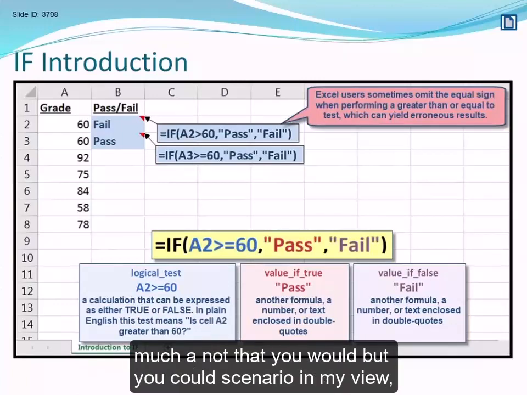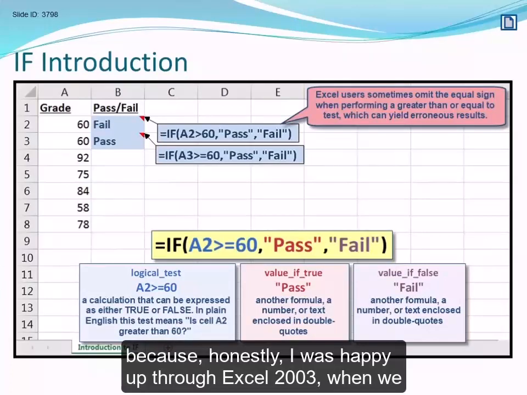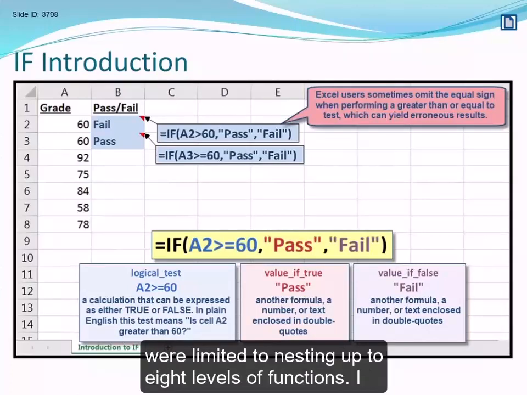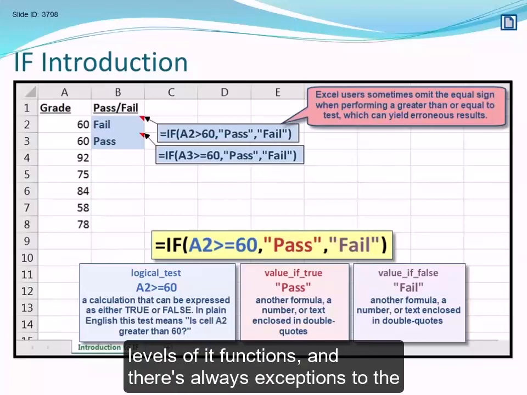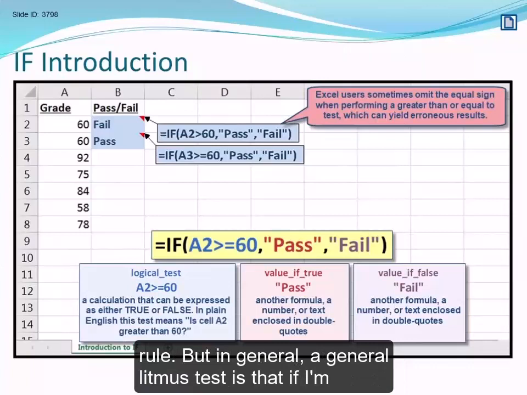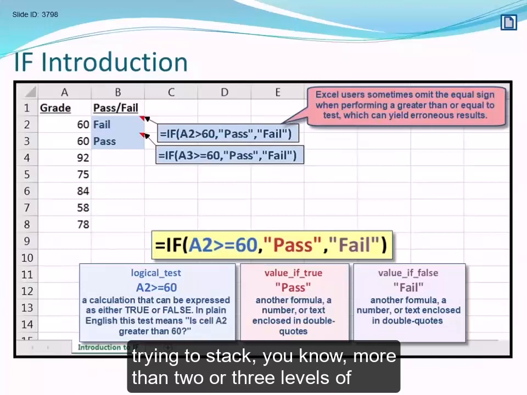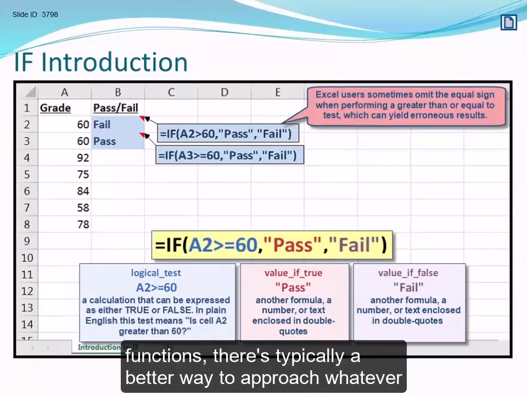Now, that is very much a "not that you would, but you could" scenario in my view, because honestly, I was happy up through Excel 2003 when we were limited to nesting up to 8 levels of IF functions. I find personally that if I try to nest more than 2 or 3 levels of IF functions, and there are always exceptions to the rule, but in general, a litmus test is that if I'm trying to stack more than 2 or 3 levels of IF functions, there's typically a better way to approach whatever it is I'm trying to do.